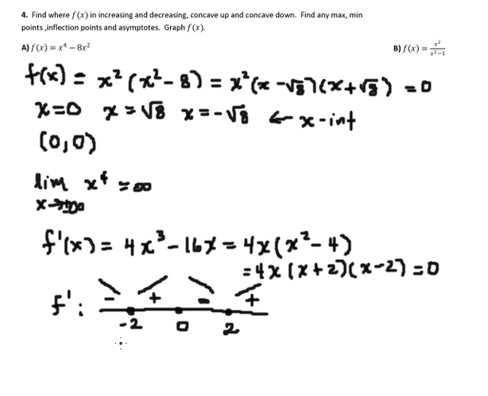And right here we have a min at minus 2, a max at 0, 0, and a min at 2. If we substitute minus 2 into f of x, then we have minus 2, minus 16.